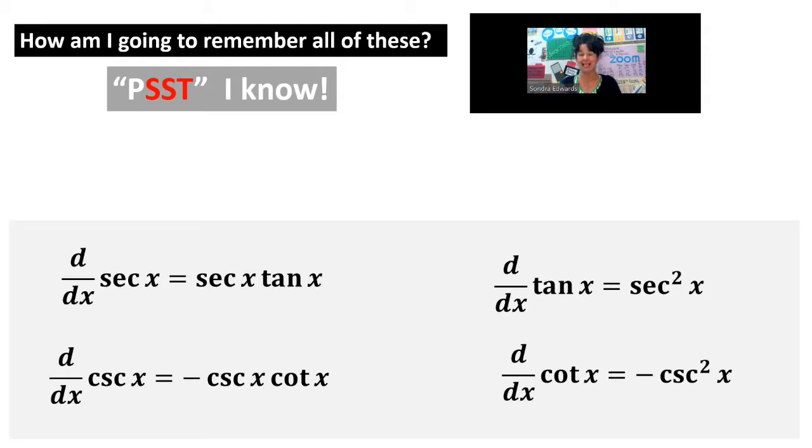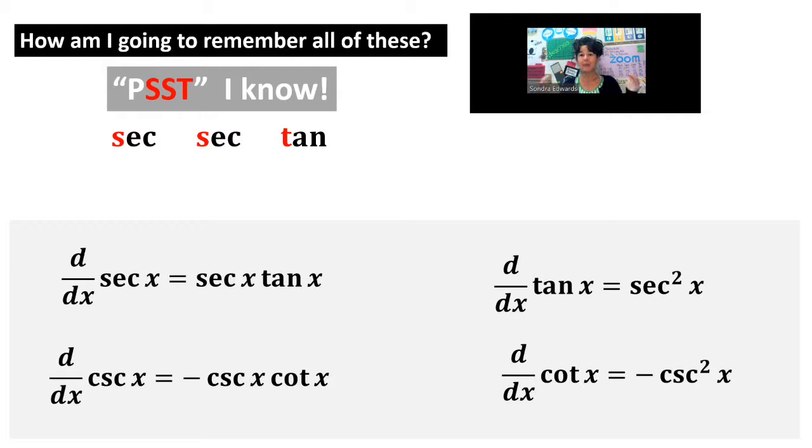So the SST, the S stands for secant, and the T stands for tangent. So the first thing that you do is you just write secant, secant, tangent straight across from each other. Okay, so that kind of gets this visual going. So psst, secant, secant, tangent.